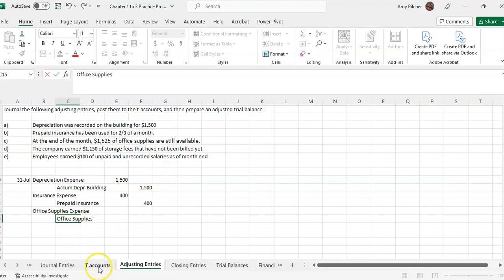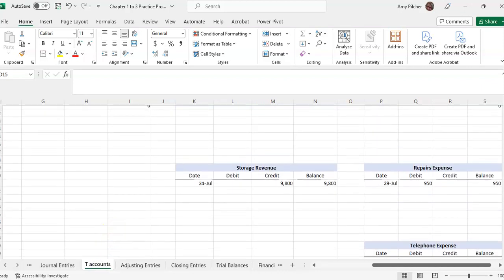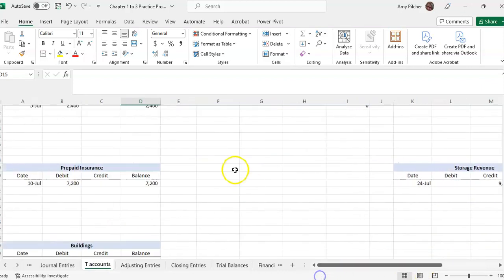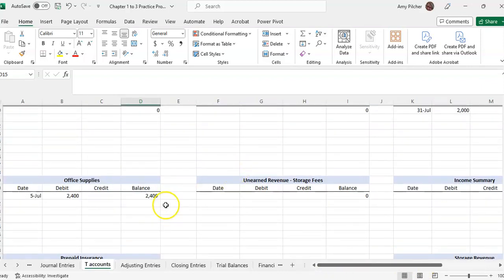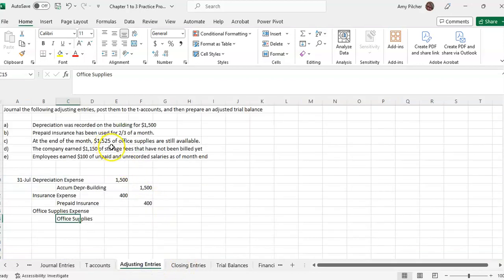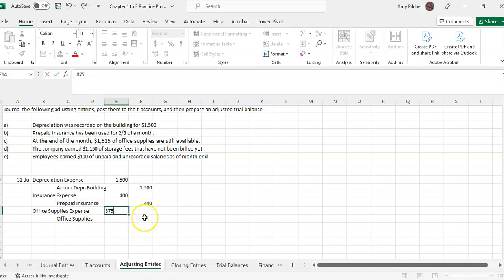So we're going to go to our office supplies expense and look at what the current balance is, and it is $2,400. And we need the ending balance to be $1,525. So the amount here is the difference between the two. So we're going to take 2,400 minus 1,525, and we get $875 as our supplies expense.